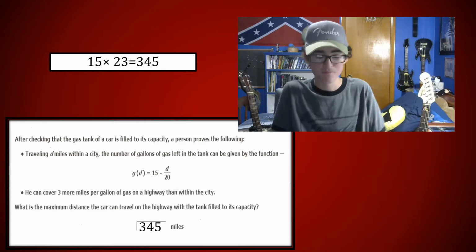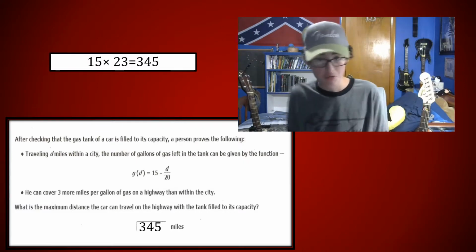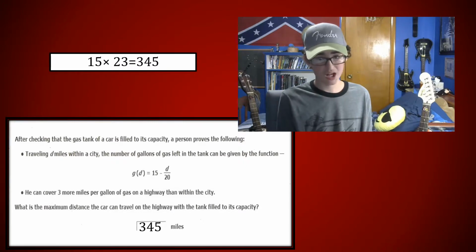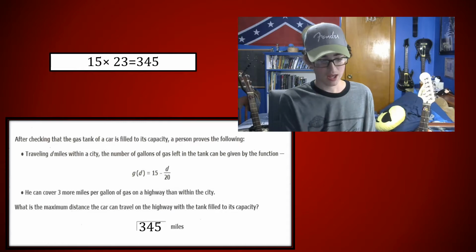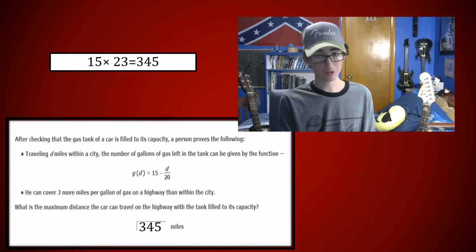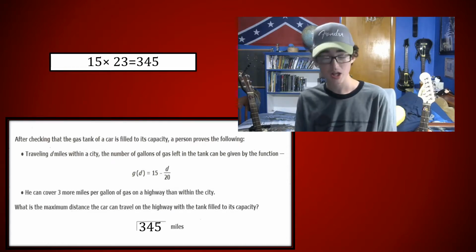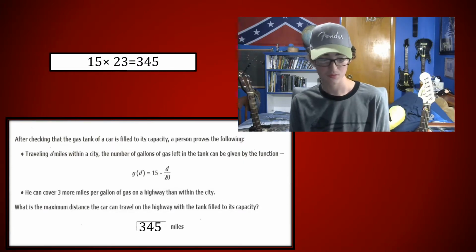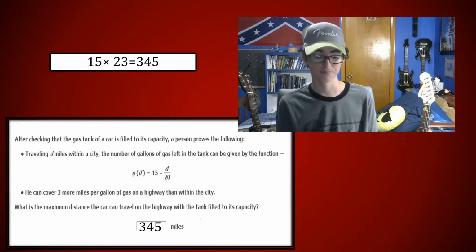Okay? Well, the way I solved it is that 20 miles is what you have in the city, you know? So, if you multiply 15 times 20, that'll be 300 miles you could go with a full tank. Simple.